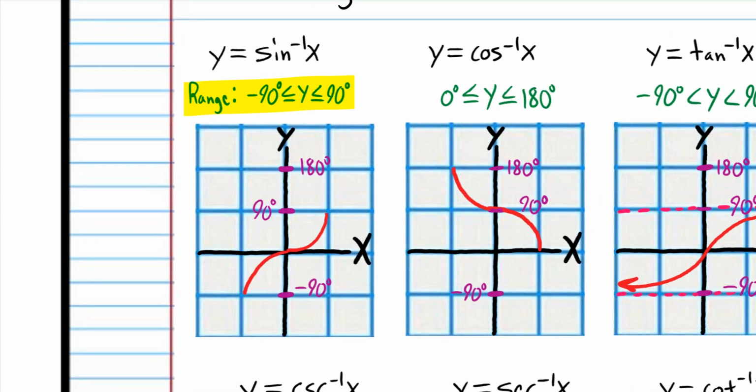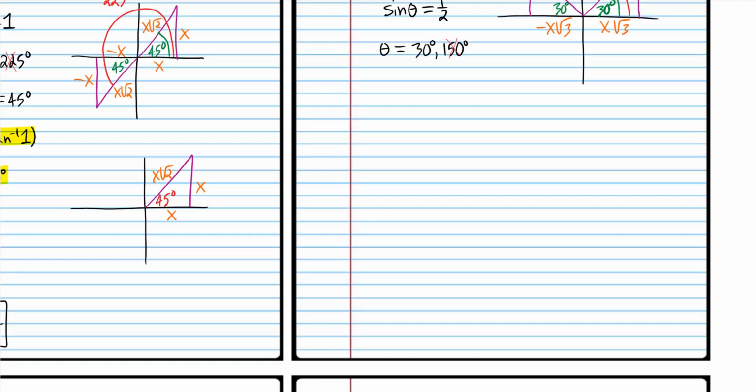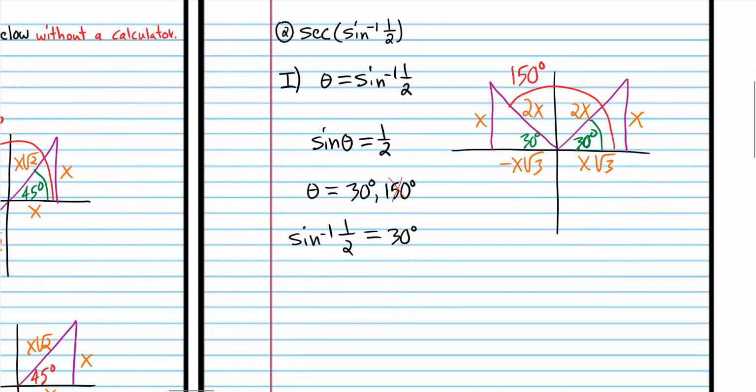You can see that by looking at the graph also. So 30 degrees is going to be the only angle measure that we're allowed to assign sine inverse 1/2. So we're done with part 1. We found the value of the inside part, this yellow inside part.